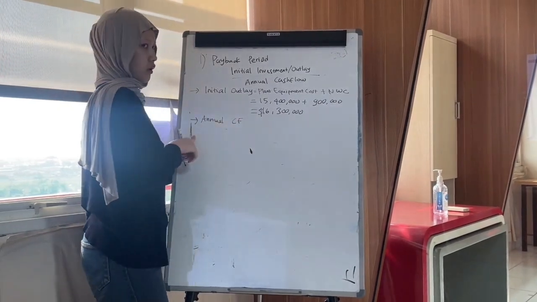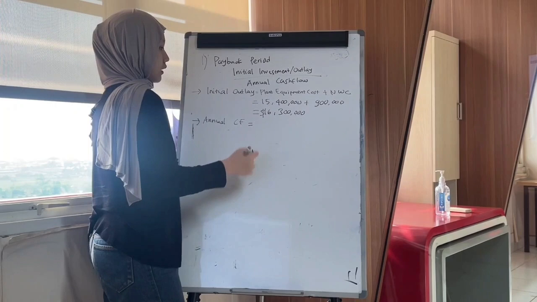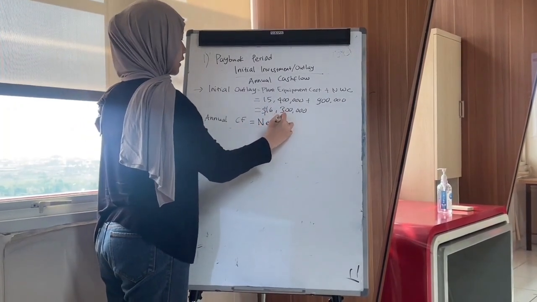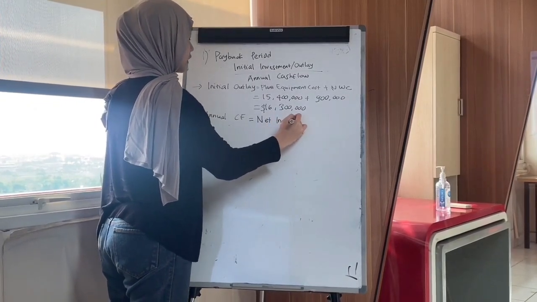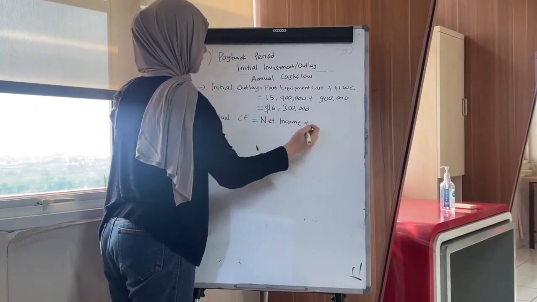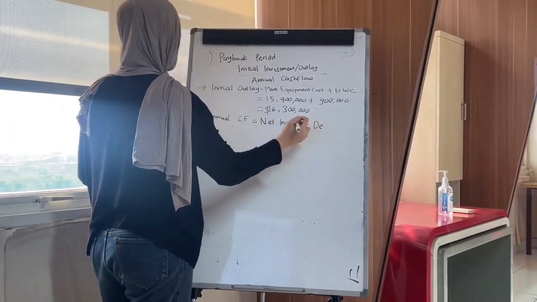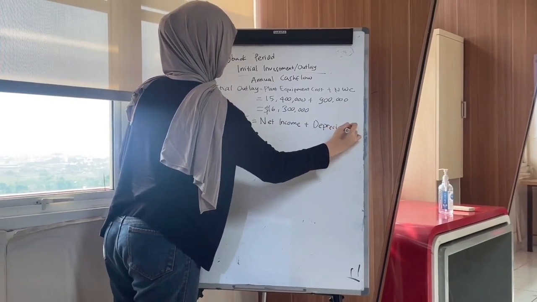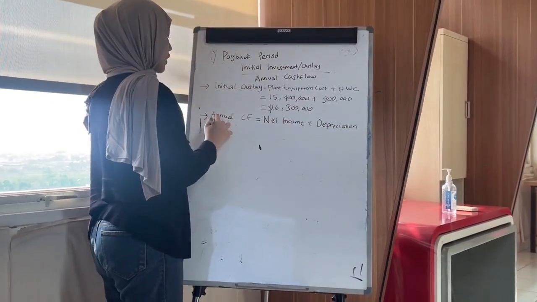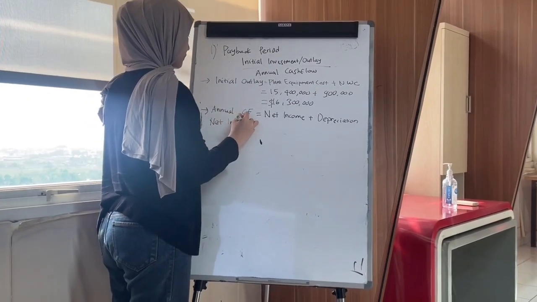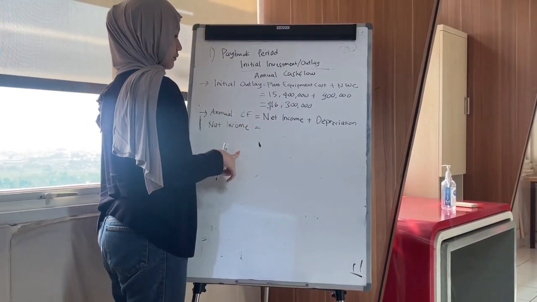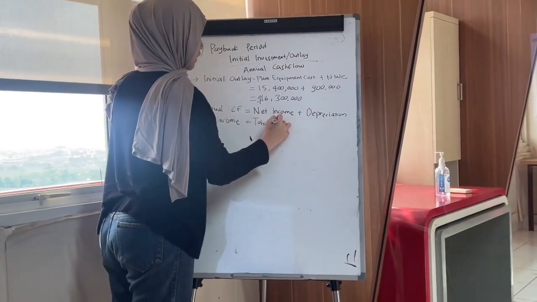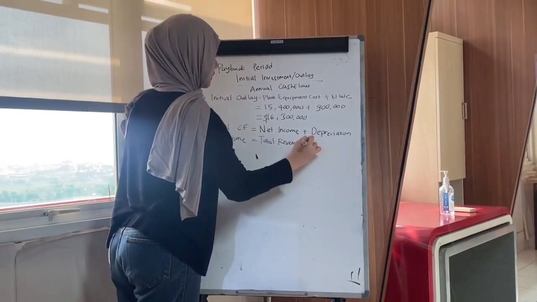Now we calculate the annual cash flow. To calculate annual cash flow, we need to add the net income plus depreciation expense. And to calculate the net income, we need to deduct from the total revenue.